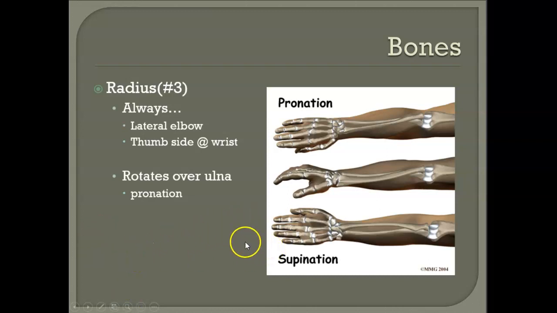So technically, this is the medial side, so ulna's here, but it's out here on what would be lateral, because that's the pinky. So make sure you have an idea of where the radius and ulna are so you can identify them. And this is the important one here: the radius is the one that does the rotating during pronation and supination.